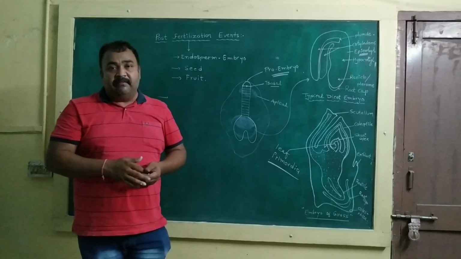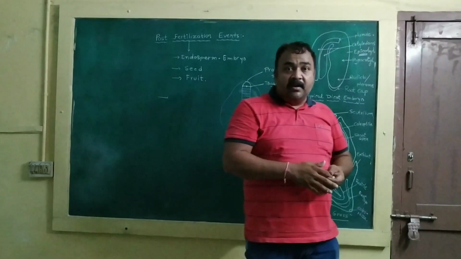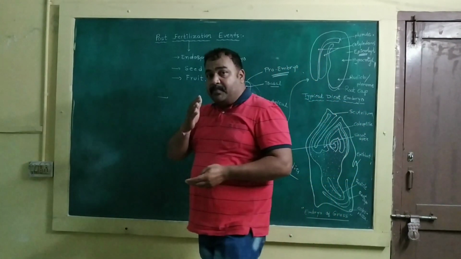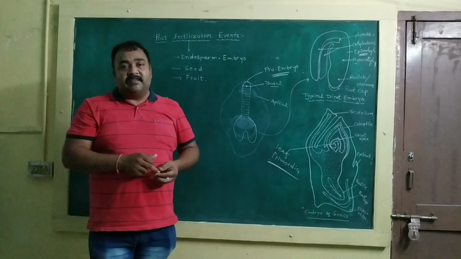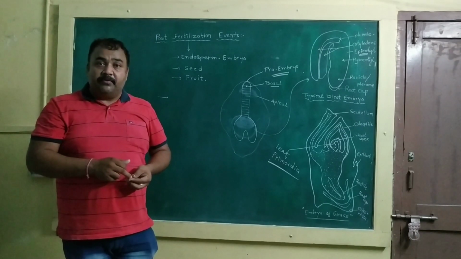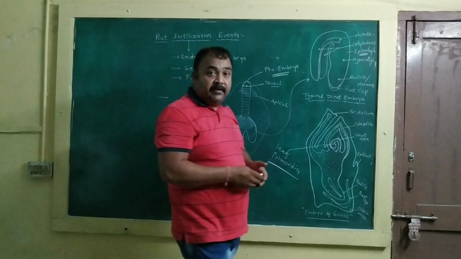The example I have given to you is the endosperm of coconut. The water is an example of free nuclear, whereas the white kernel is an example of cellular endosperm. Sorry, endosperms respectively. Slip of tongue of mine.